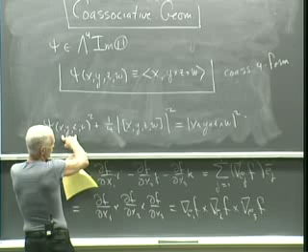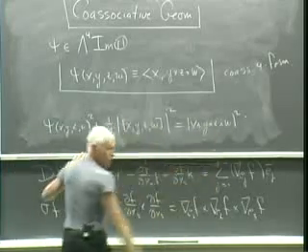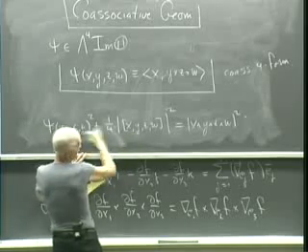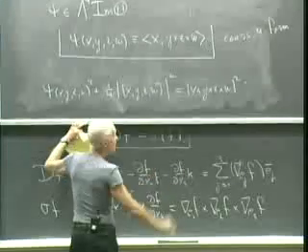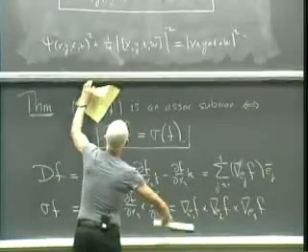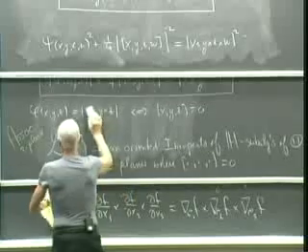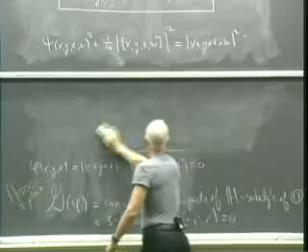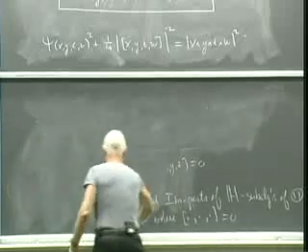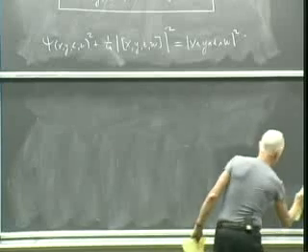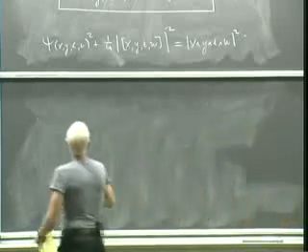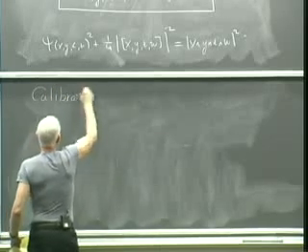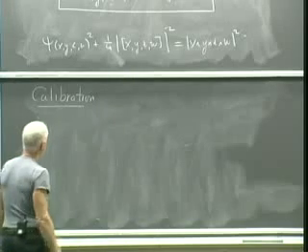This number is less than or equal to 1 when you choose a unit simple vector, and it's equal to plus or minus 1 if and only if this co-associator vanishes. So this is a calibration, and it's defined by the vanishing of the co-associator.